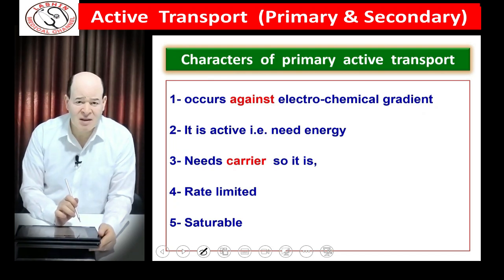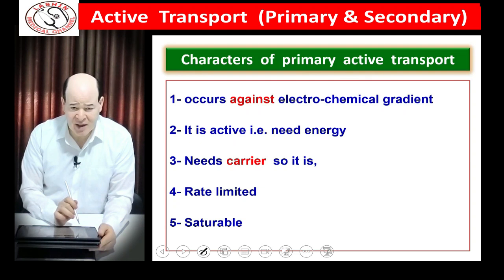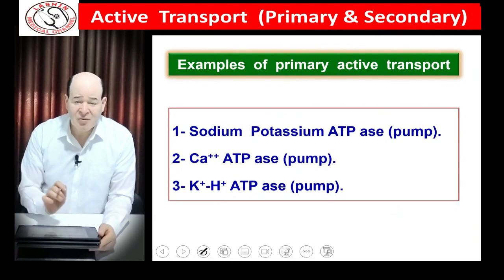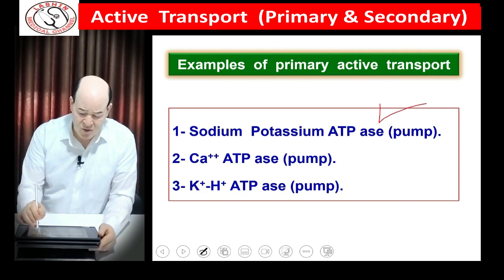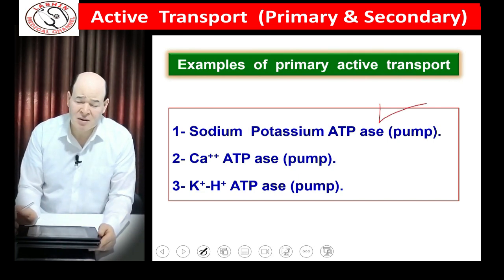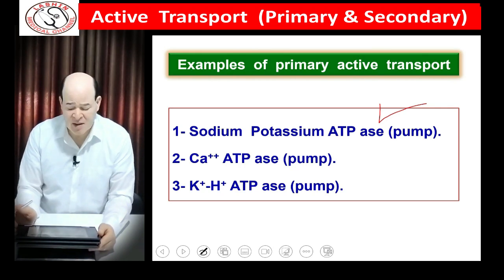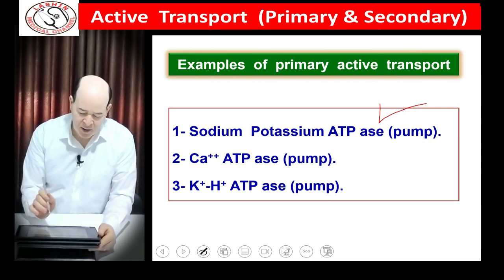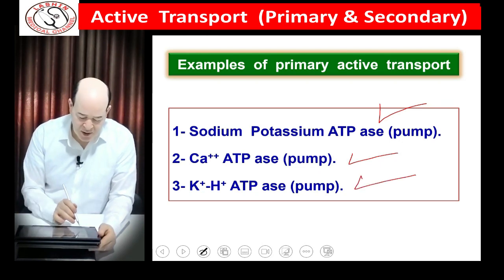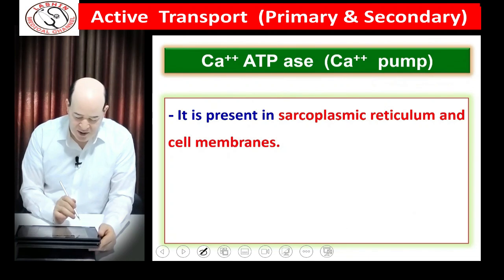It needs ATP, it needs carriers, and it is rate limited and saturable. We have 3 main examples for primary active transport. The most famous of them is the sodium-potassium pump, sometimes referred to as sodium-potassium ATPase or even sodium pump. Then calcium ATPase or calcium pump, and hydrogen-potassium ATPase or hydrogen-potassium pump.